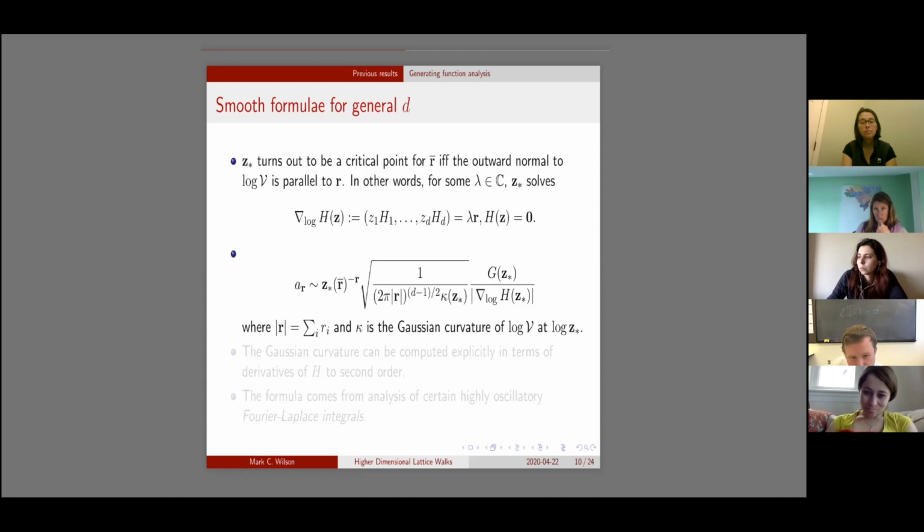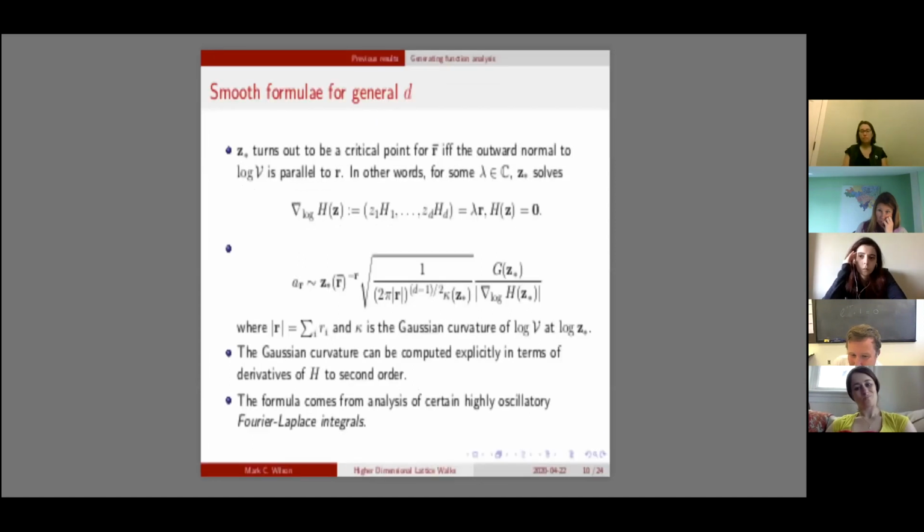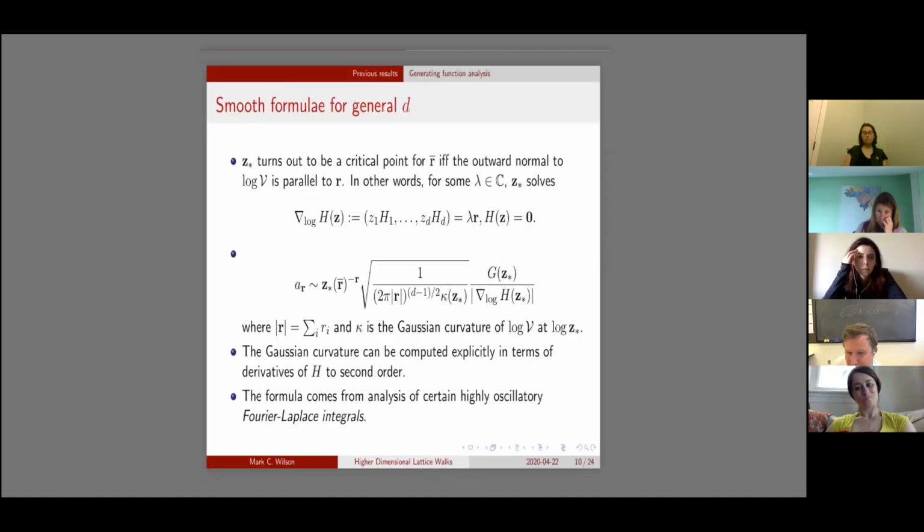The key thing you need to realize is that everything in that formula can be calculated by just polynomial algebra, as it turns out, and just involving derivatives of up to second order, in fact. This is the nicest case. Where does it come from? It comes from transferring to the realm of harmonic analysis and doing some work with saddle point integrals.